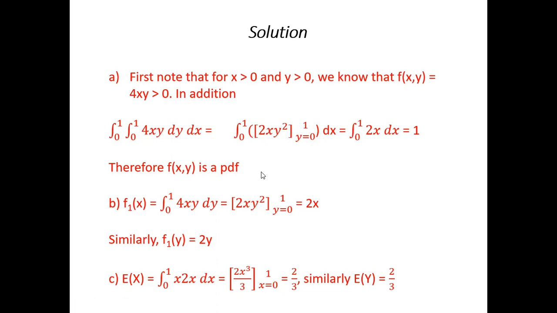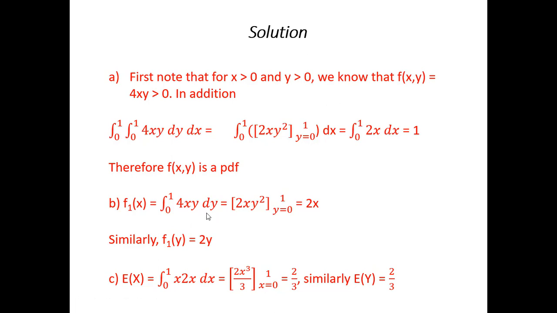In part B, we want to find the marginal PDFs. For the marginal PDF with respect to x, we integrate our given PDF, and here we're going to integrate out y. So I'm looking at the integral from 0 to 1, 4xy dy.